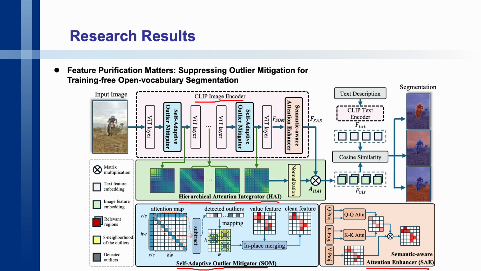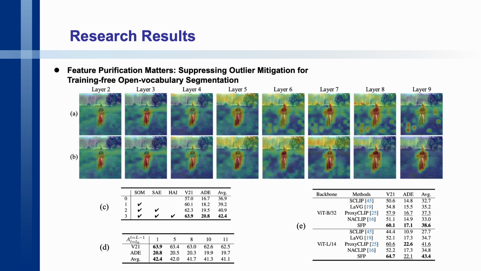Then, SAE, which has been confirmed as an effective way to enhance the feature affinity, uses the modified self-attention for local representation. And HAI uses the self-attention matrix from shallow layers for object-centric representation. As shown in the above figure, our method can effectively address the noisy feature representation and generate clean features.